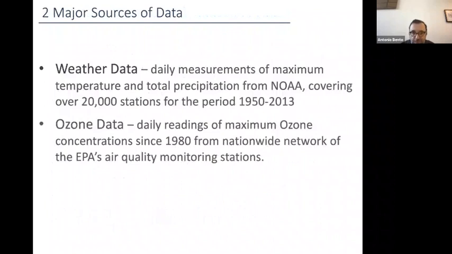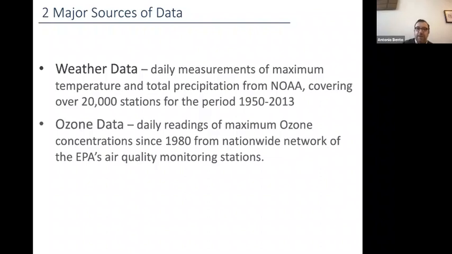Now, to implement this equation, we're going to put together a data set which is relatively straightforward and has two main components: the weather data, which goes back to 1950, precisely so that we can construct these past 30 years of observations, since the ozone data starts roughly in the 80s.